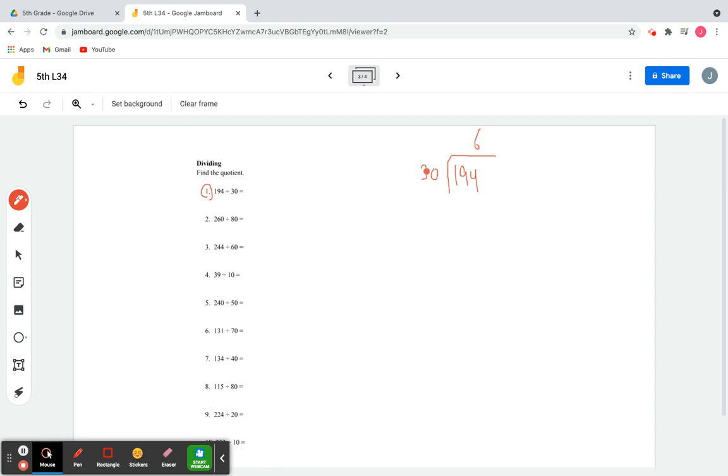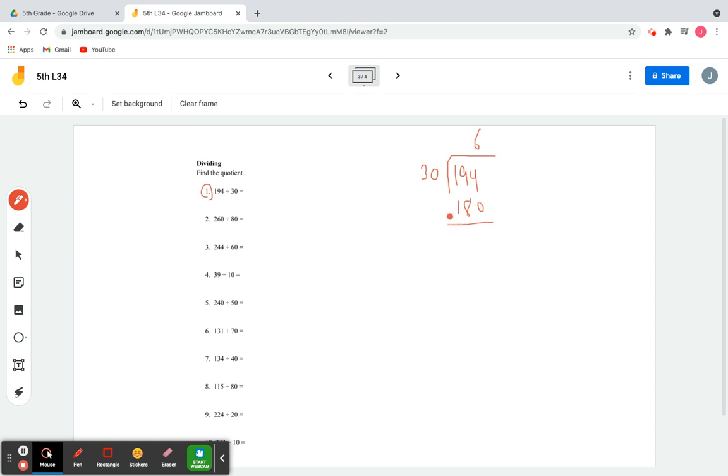Because 6 times 30 is 180. Seven can't be the answer, because 7 times 30 is 210, and it is bigger than 194, so it doesn't make any sense.